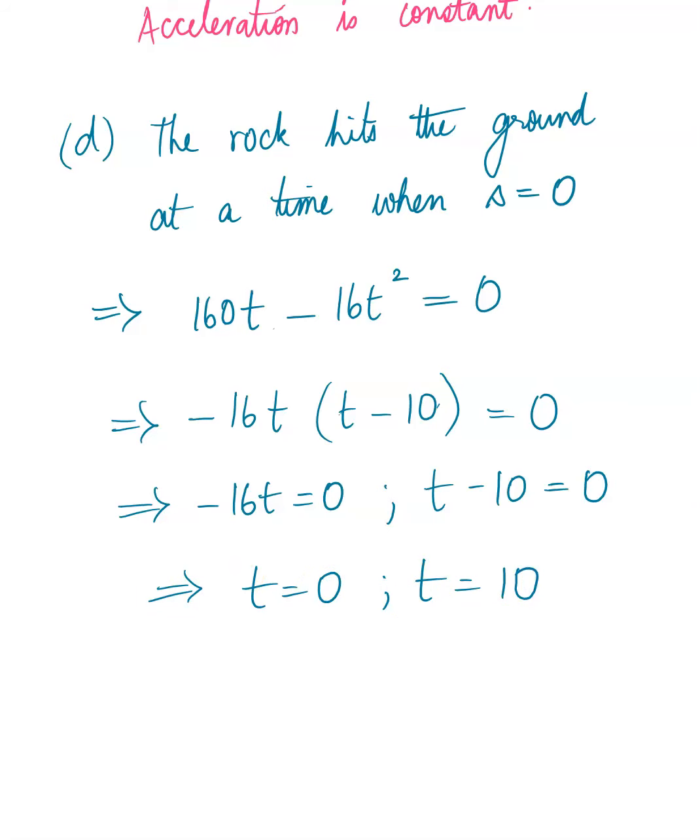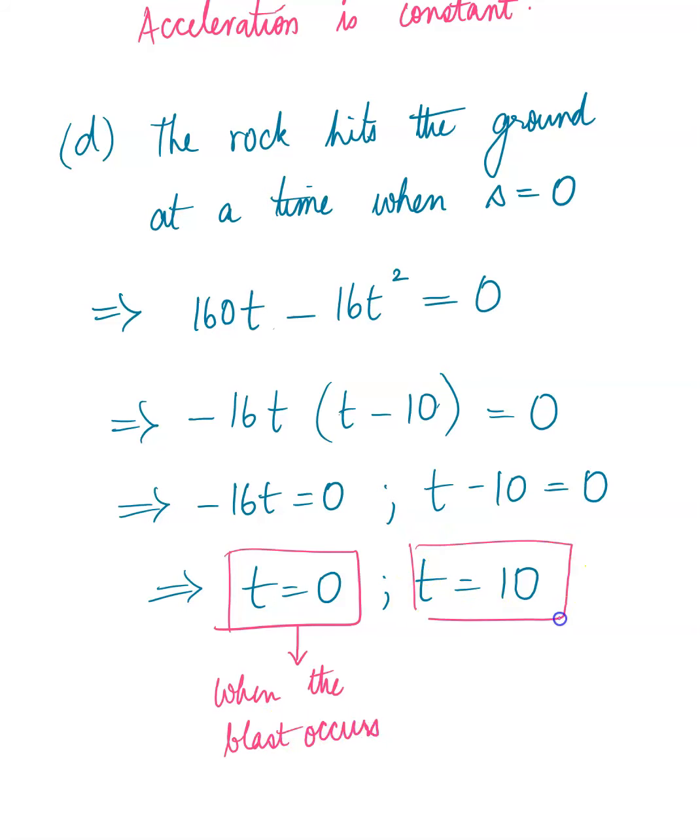T equals 0 makes sense because this is when the blast occurs, 0 seconds, and this information is the time taken for the rock to fall back to the ground.